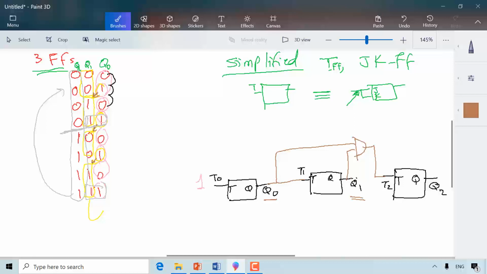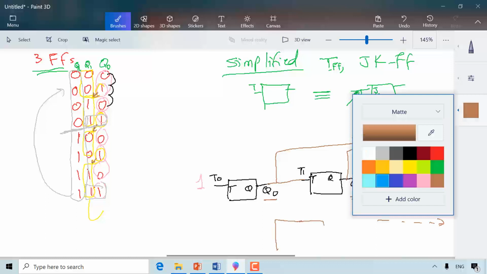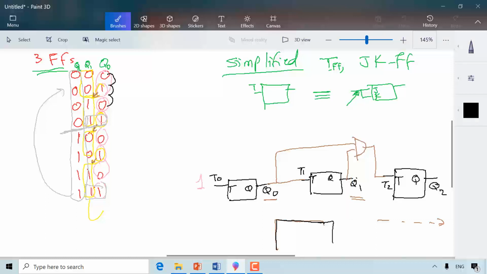In fact, we can continue with this design procedure, and this is the basis of up counters. We can continue adding flip-flops. At flip-flop Qn, which has an input of Tn, there is an input AND gate which ANDs Q0 all the way to Qn minus 1.